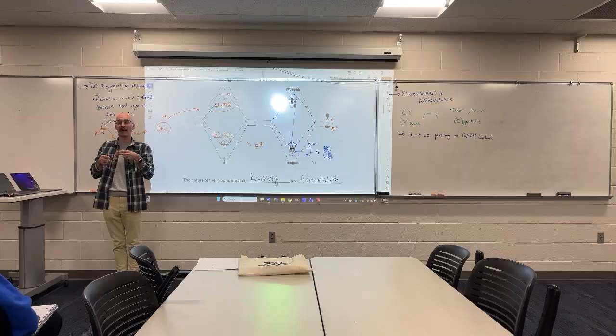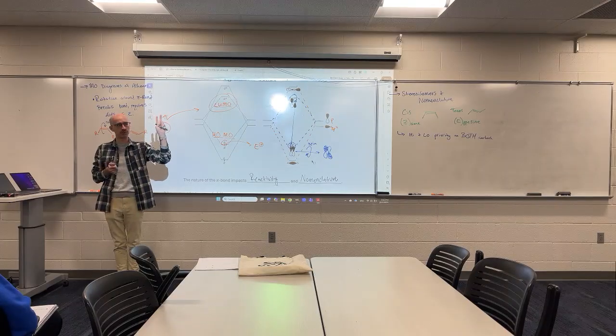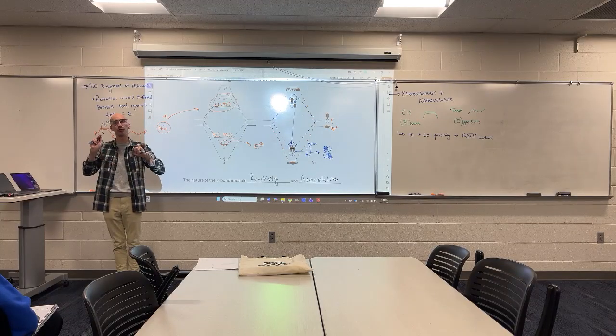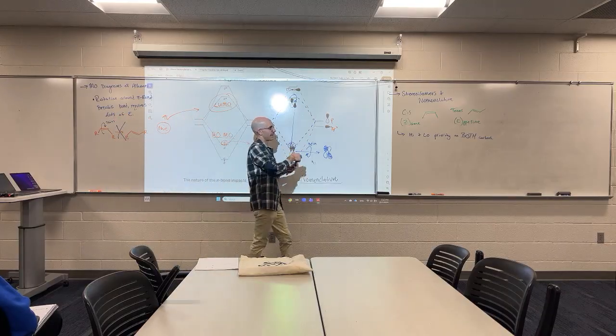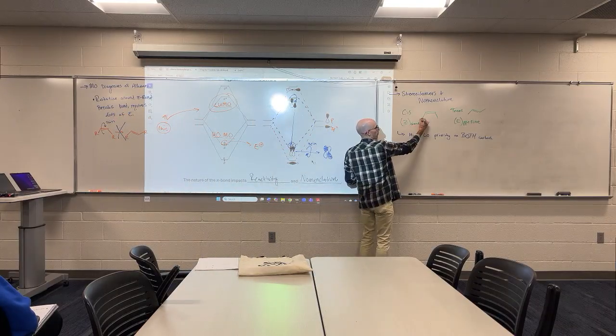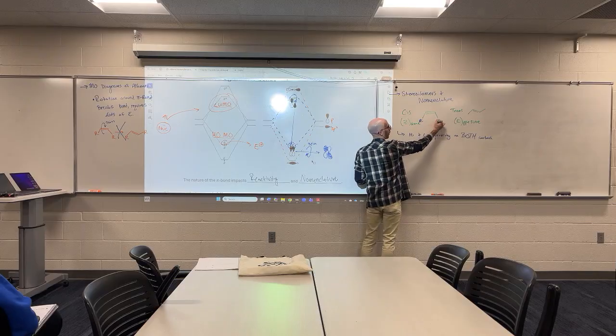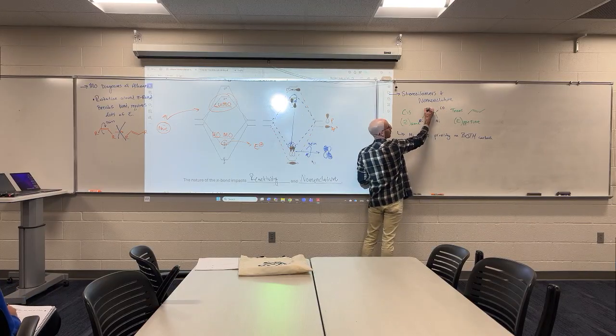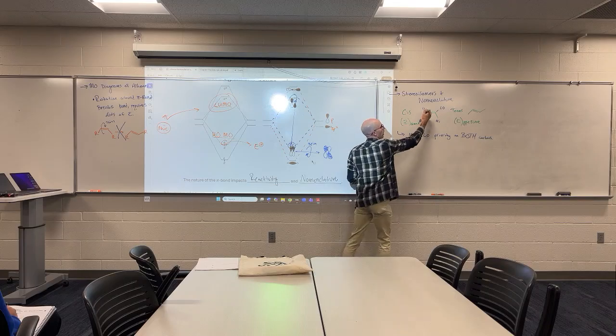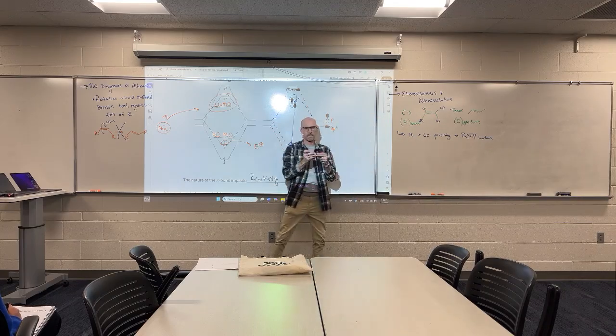So I need to find 2 high priority groups, and I need to find 2 low priority groups. So when we say the same side, we're talking about the high priority groups are on the same side, and the low priority groups are on the same side.